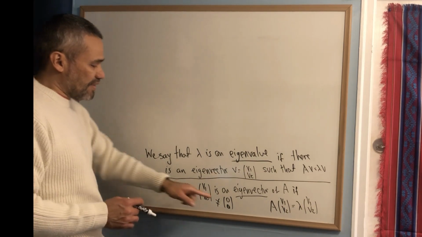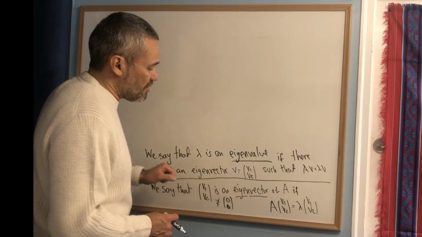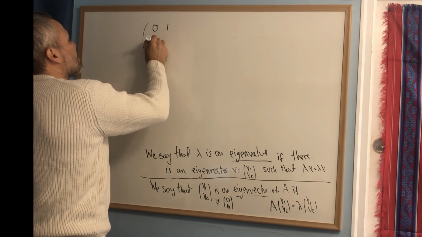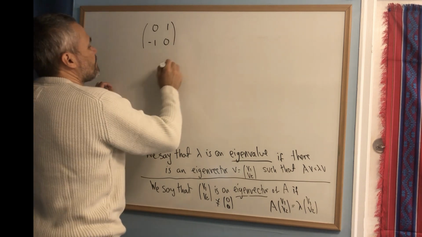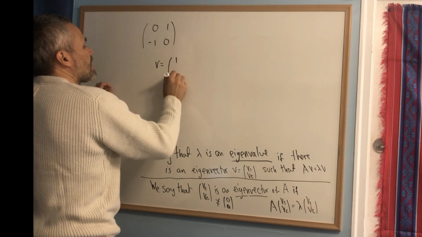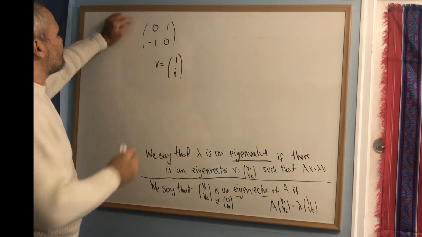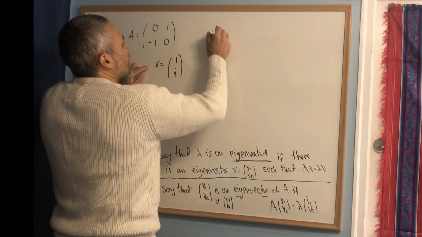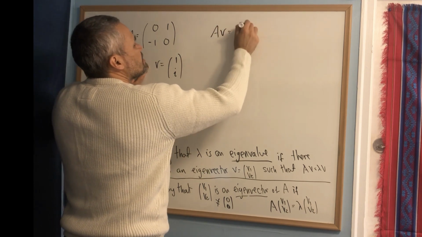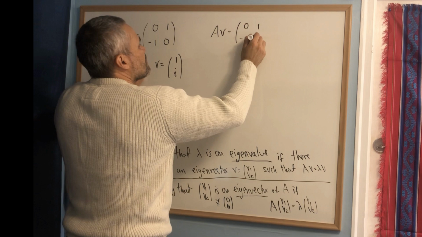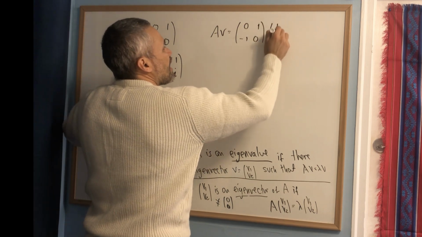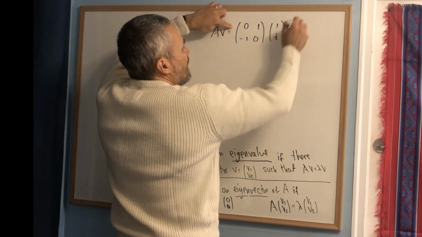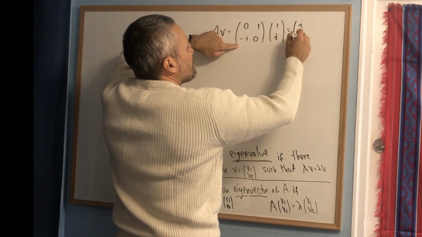But let's just have an example of an eigenvector and a matrix. If we have the matrix 0, 1, negative 1, 0, we can check that the vector v equal to 1, i is an eigenvector of this matrix. Why is that? If we do A times v, this will be 0, 1, negative 1, 0 times 1, i. When we do this product, we get i, negative 1.